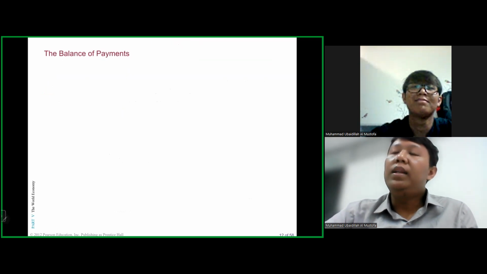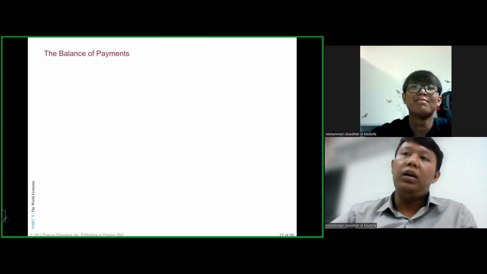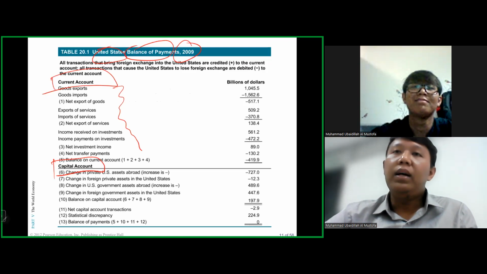And of course, every country has their components of current account and capital account.